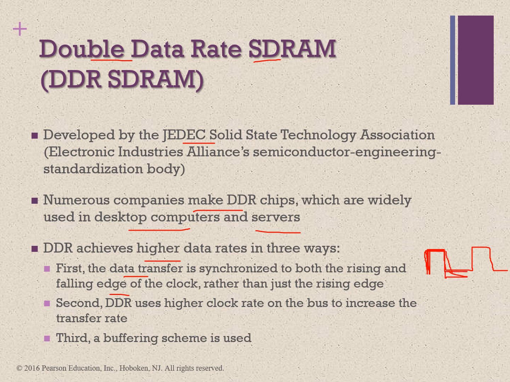Second, DDR uses a higher clock rate on the bus to increase the transfer rate. And third, DDR uses a buffering scheme. Because of these techniques, DDR achieves high transfer rates.